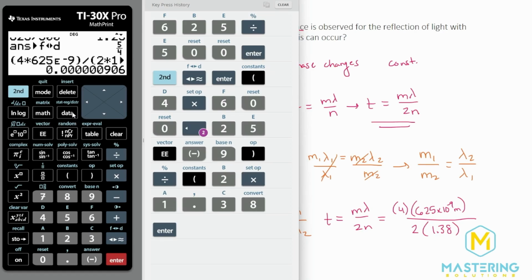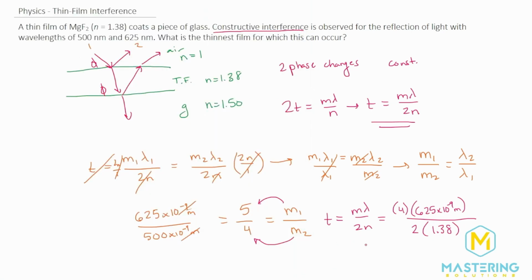And that gives us 906 nanometers, or 10 to the negative 9, is the thinnest film which can occur for this thin film.